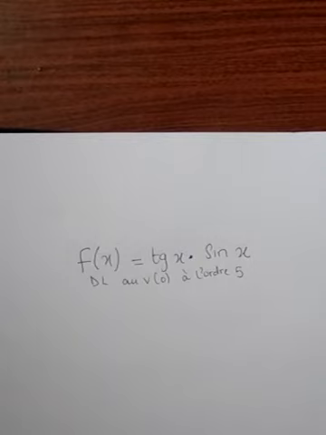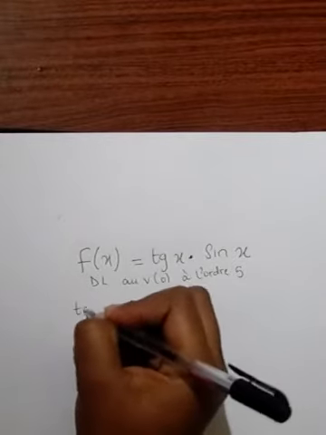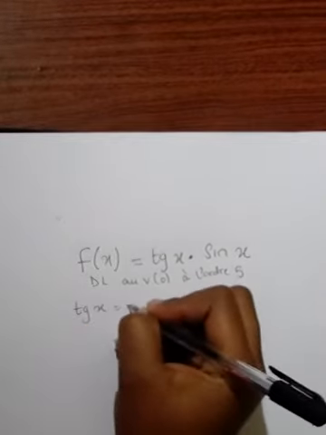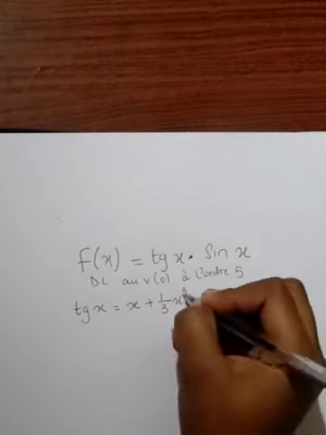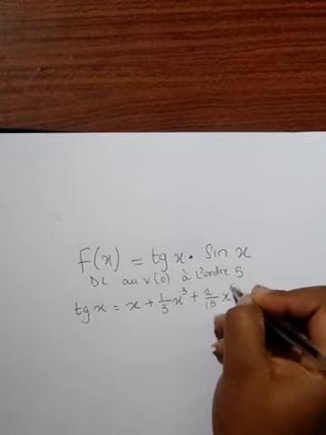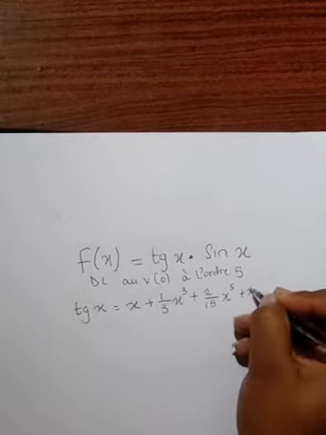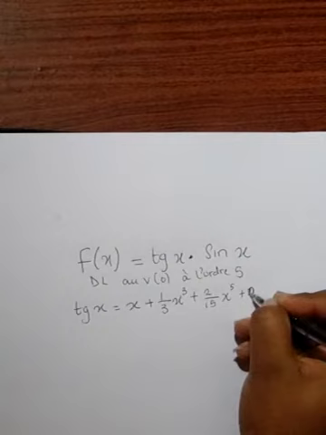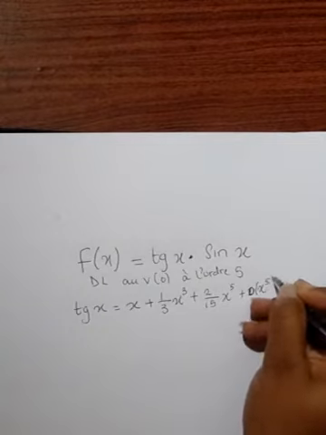So the DL of tangent x is x plus 1 over 3 x raised to the power of 3 plus 2 over 15 x raised to the power of 5 plus petit o de x^5.